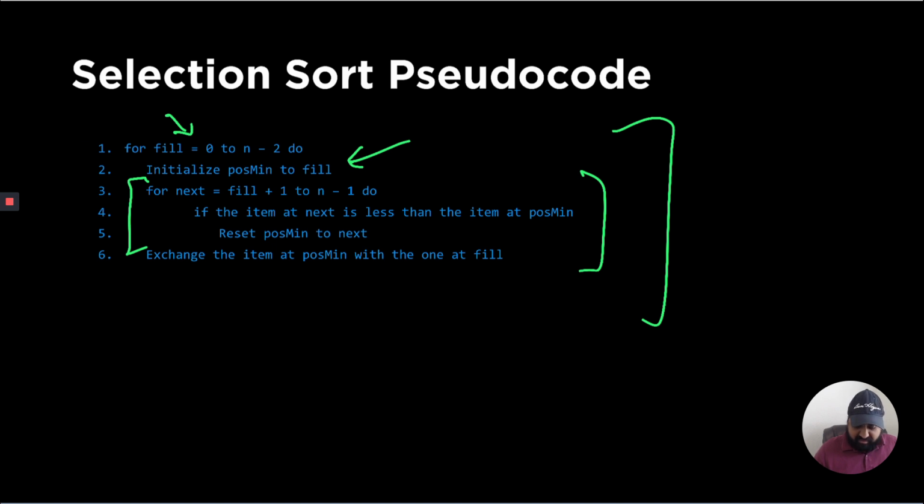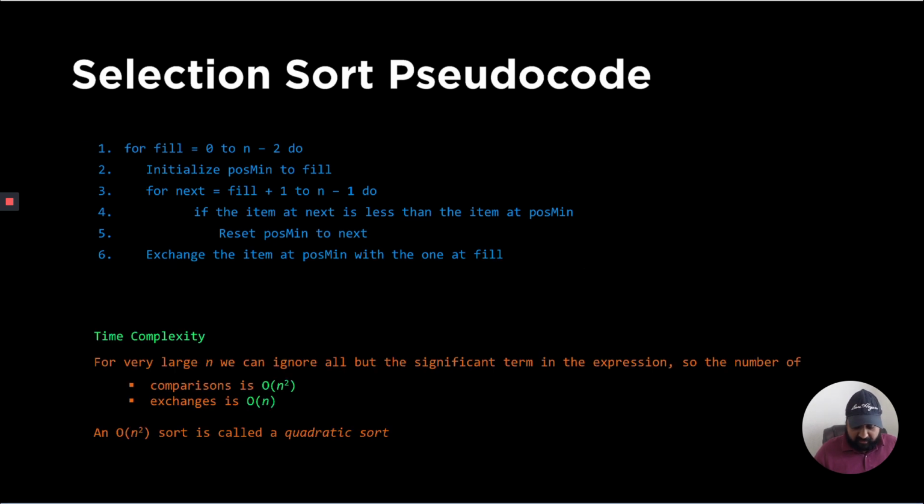And if this element is less than the position min, this particular loop is basically keeping track of the minimum element in the remaining elements. After this inner loop, you will find the correct position of the minimum element, and you are going to exchange this element, which is the position min, with the one at fill, and you repeat this process again and again.